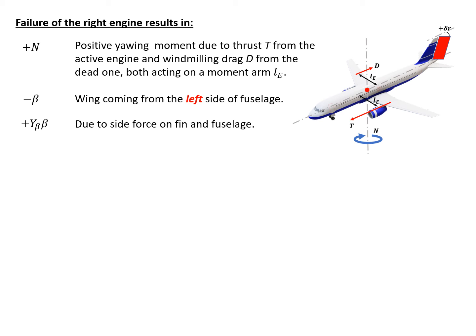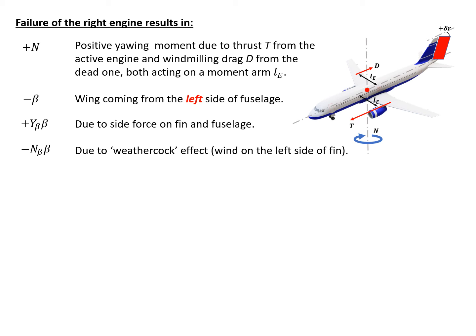Okay, because there is a negative side slip, that will further produce the side force, and the side force is positive because it's pointing towards the right wing. So due to the side force on the fin and the fuselage, and also there will be a negative yawing moment.